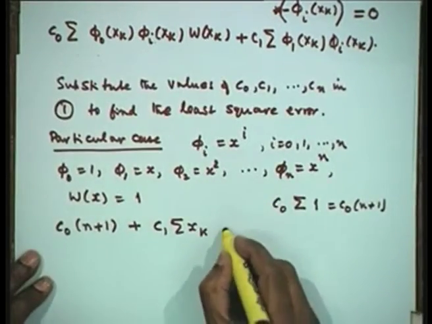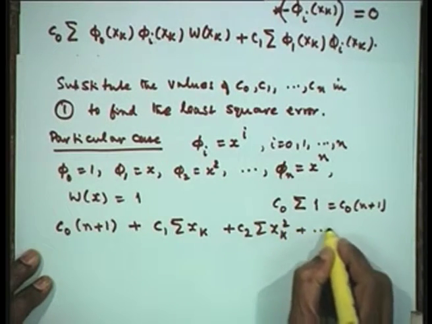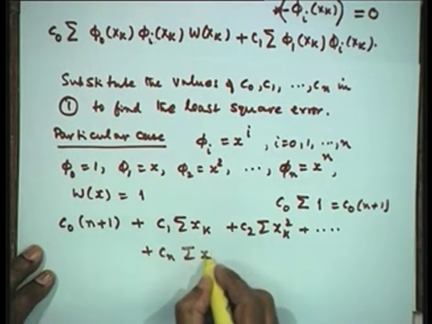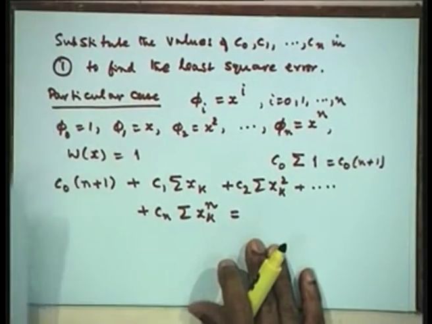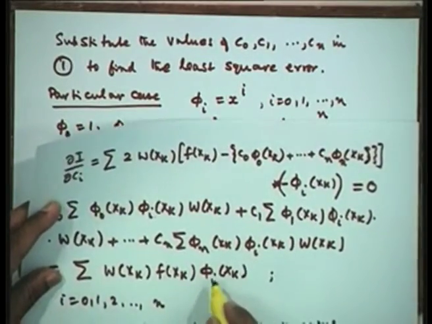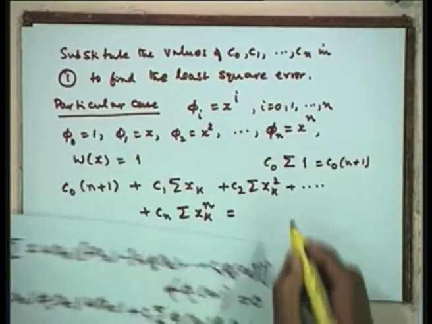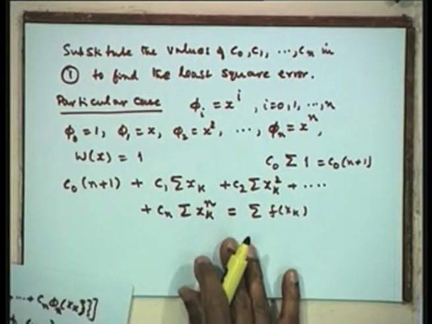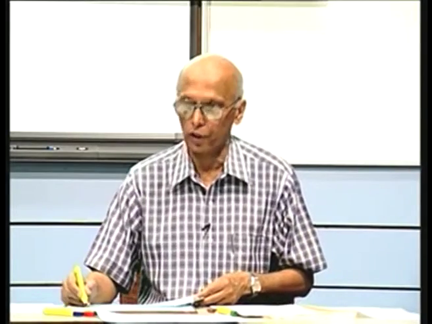Therefore, the next term will be plus C 2 summation of x k squared, plus C n summation x k to the power of n. And the right hand side, for i is equal to 0, this is 1, f of x k. So, the right hand side is simply summation of f of x k. This is your first equation.